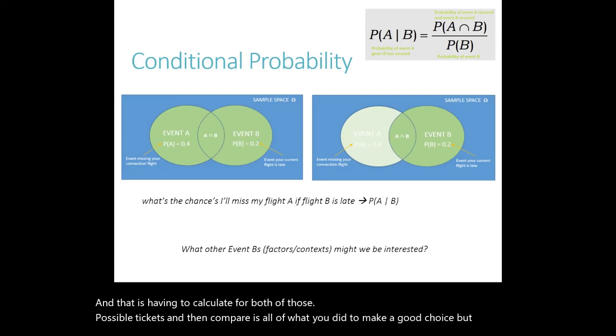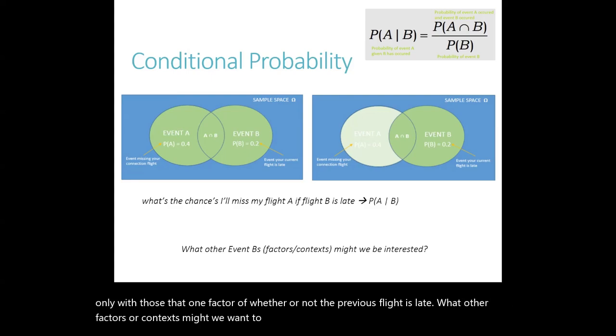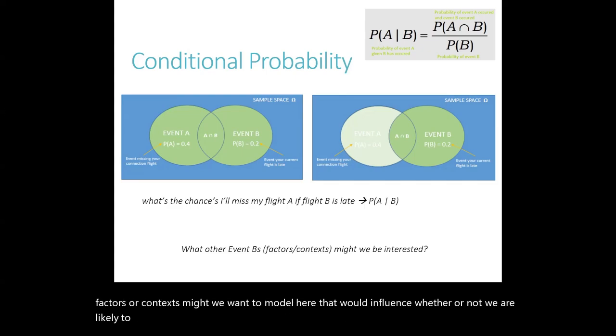But that's only with that one factor of whether or not the previous flight is late. What other factors or contexts might we want to model here that would influence whether or not we are likely to miss flight A? Well, flight B could be late.